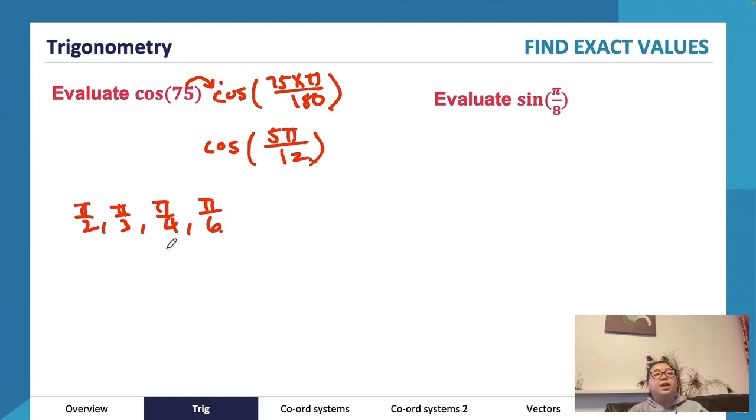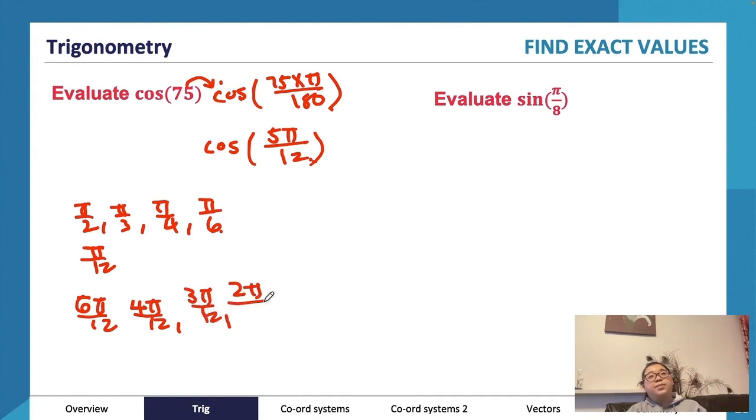And if you think of the lowest common denominator for all of those, it's going to be pi on 12, right? So this would be 6 pi on 12, this would be 4 pi on 12, this would be 3 pi on 12, and this would be 2 pi on 12.